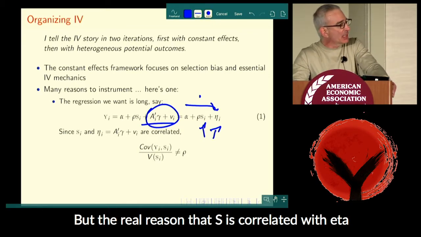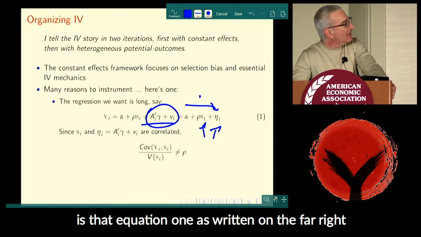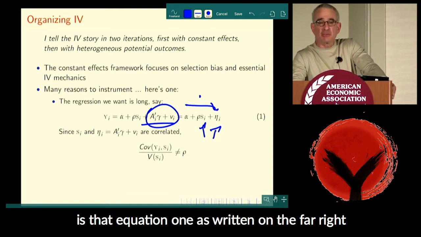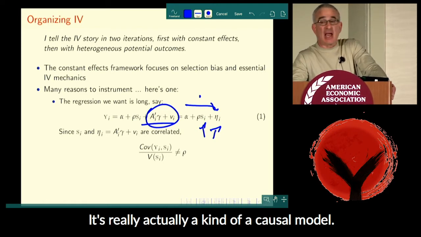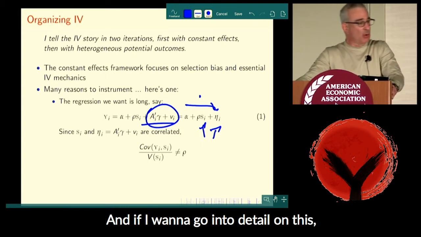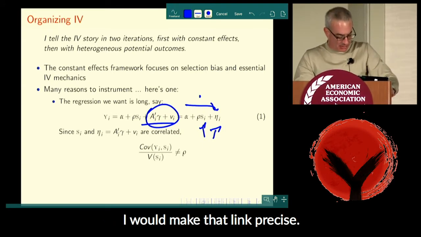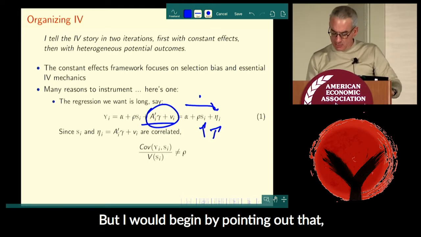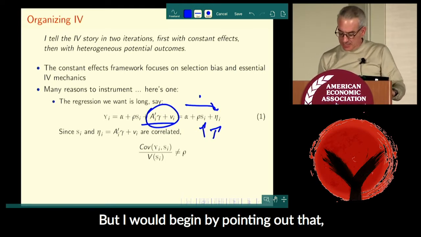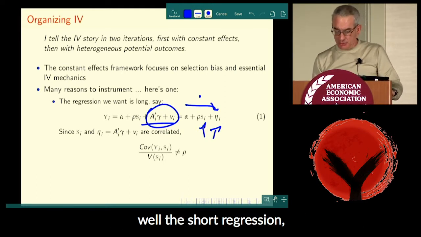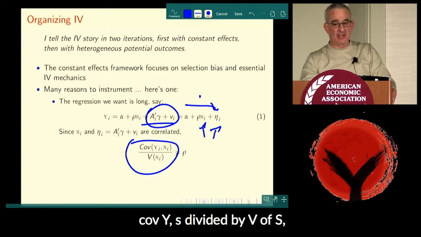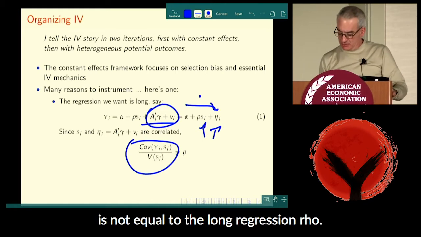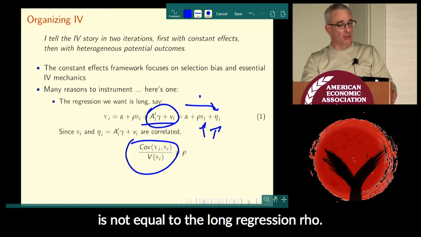But the real reason that S is correlated with eta is that equation 1, as written on the far right, is no longer a regression model. It's really actually a kind of a causal model. And if I want to go into detail on this, I would make that link precise. But I would begin by pointing out that, well, the short regression, so there's the short regression formula, cov(Y, S) divided by V(S), is not equal to the long regression rho.